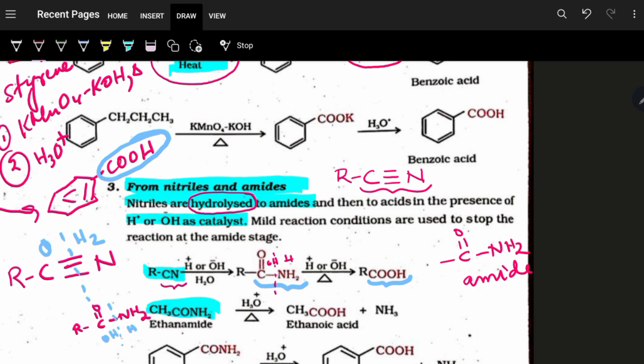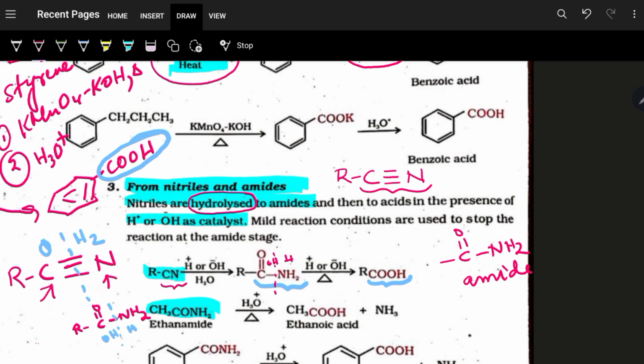Here what is happening is RC triple bonded N undergoes hydration, with oxygen getting added to the carbon end and H2 getting added to the nitrogen end. So I can write RC double bonded O NH2. I have already written it over here.